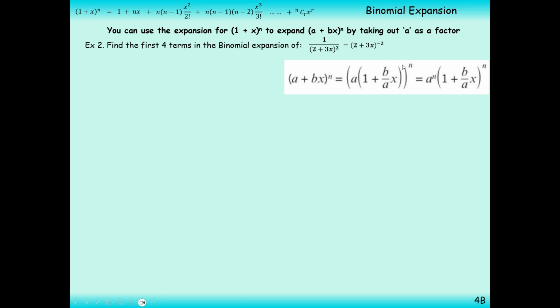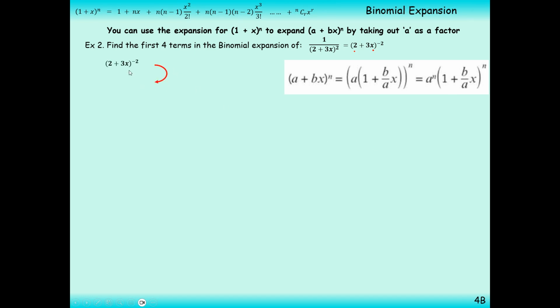So the first step in our calculation is to make sure that we will have a 1 rather than a 2 here. So we need to factorize a 2 out of both these terms here. That means dividing 3 by 2 as well when you pull a 2 out of the bracket. Make sure you put the power of minus 2 on top of the factorized 2.